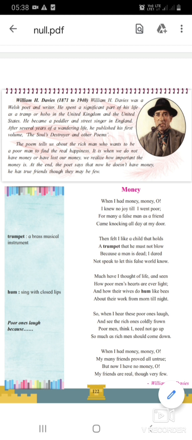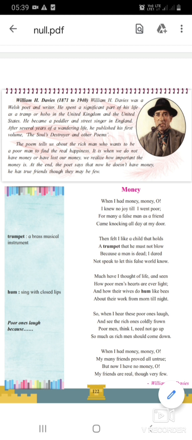Here, poor and rich, these two words are also opposite words. And up and down, these two are also opposite words. So, figure of speech is antithesis. Poet has used opposite words in the same line, that is up and down and poor and rich. These two pairs are there.